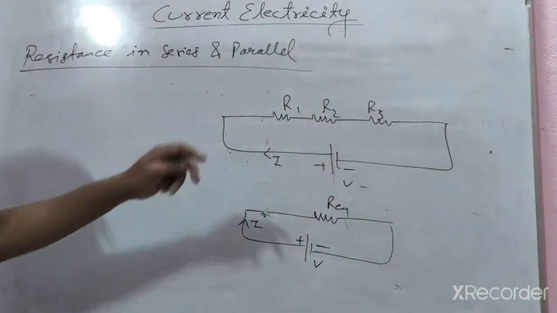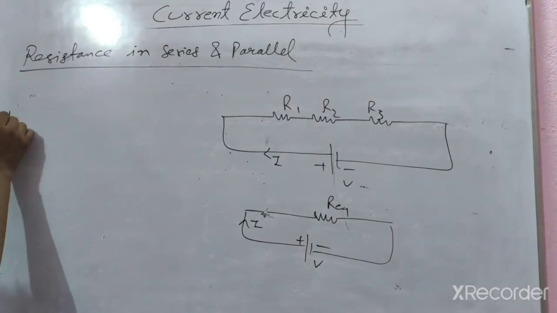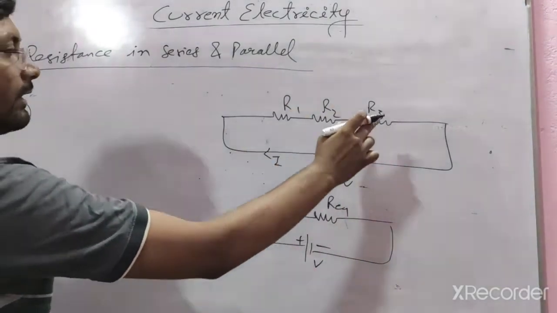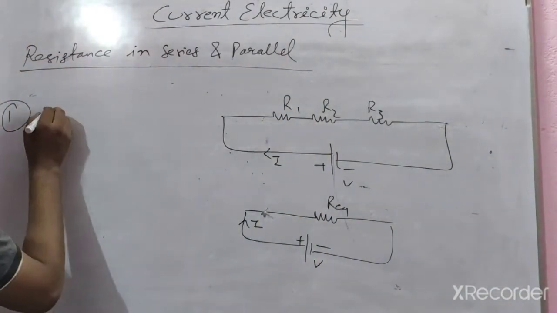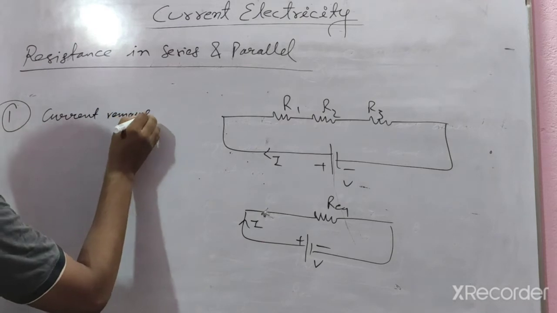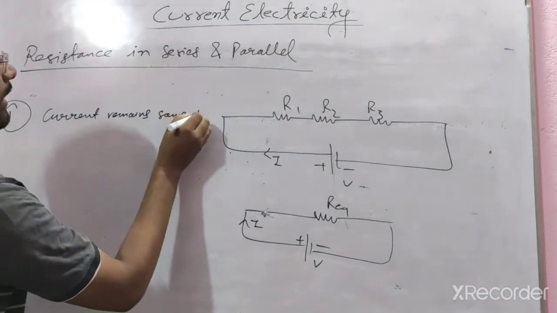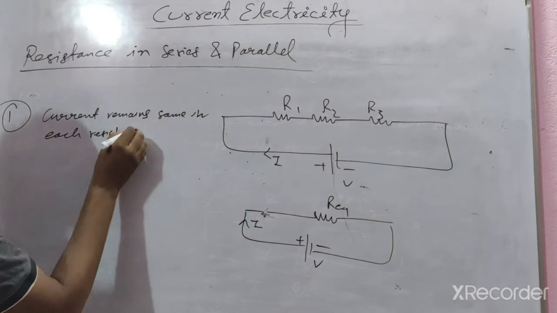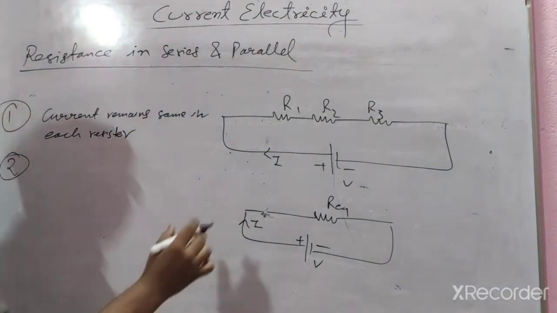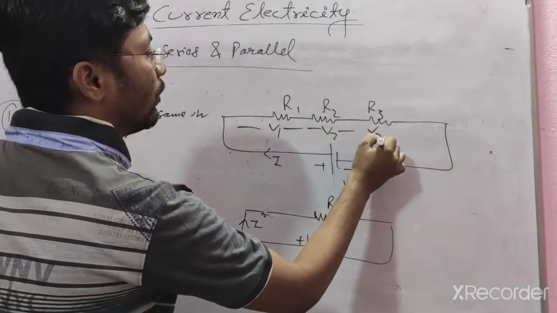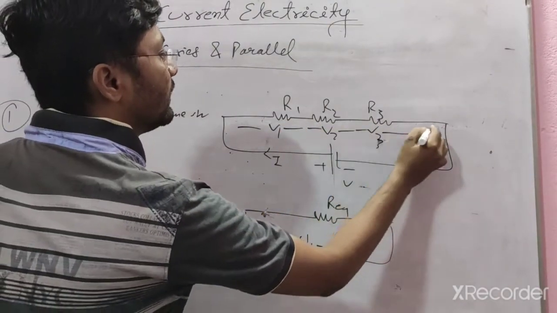So students, in case of series combination, what do you observe? Current in all the resistors remains the same. So we say that current remains the same in each resistor. Second thing is that voltage gets distributed. In series combination, voltage is distributed.